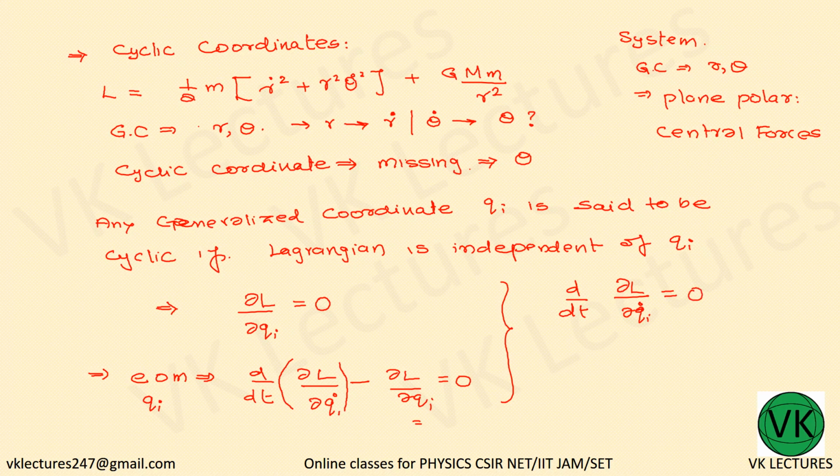And what is dou L by dou qi dot? That is nothing but pi. So d by dt of pi equal to 0, which means pi dot equal to 0. So there is no force in the qi direction.